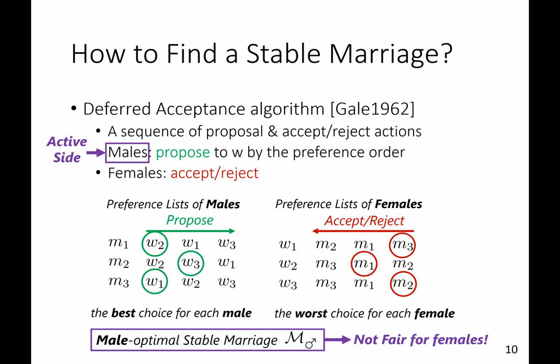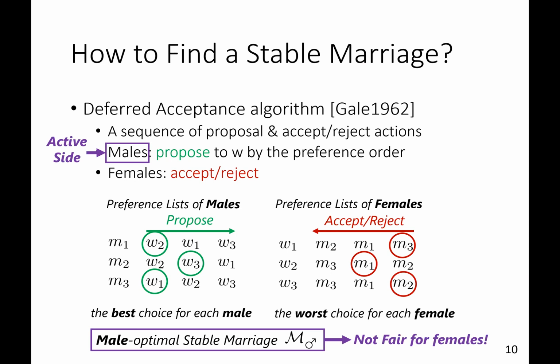A classical algorithm, the deferred acceptance algorithm, is a sequence of proposal and accept or reject actions. If males propose and females decide to accept or reject, we can get the male optimal stable marriage. It achieves the best choice for each male and the worst choice for each female.